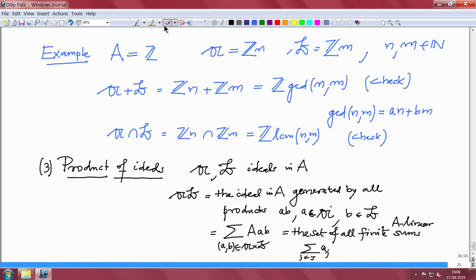c_j a_j b_j, where the c_j are elements in the ring A, the a_j are in the ideal 𝔞, and the b_j are in the ideal 𝔟. So, that is the product. Again, nothing special about 2, but we can go only for finitely many, because the product of an arbitrary infinite family will not make sense.